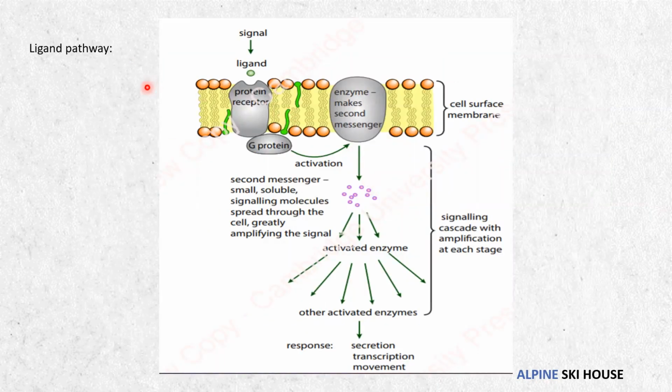Again, this shows the signaling molecule from your book. So we have a ligand attaching to a protein. Now, this specific ligand pathway is called the G protein pathway. You need to be able to at least recognize and write something about it. The ligand comes in and attaches to the protein receptor. Why is it called G protein? Because this protein receptor is attached to a G protein.